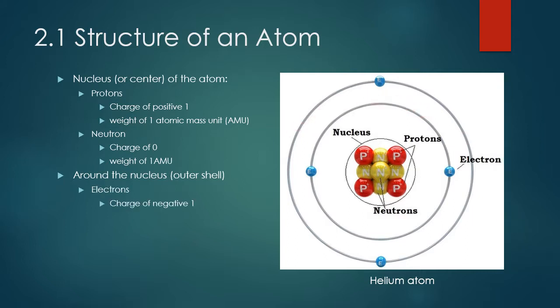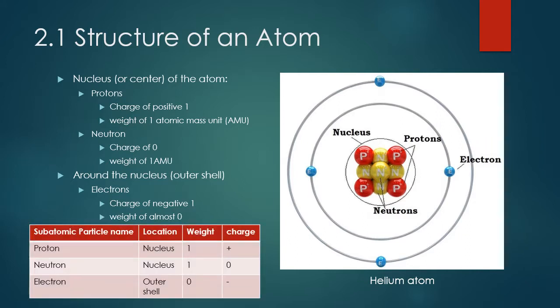The electrons have a charge of -1. You can also just say they're negative. And they have a weight of almost 0. Nothing can weigh exactly 0, but the weight is so small that it really doesn't interfere with the properties of any particular atom that you're talking about.